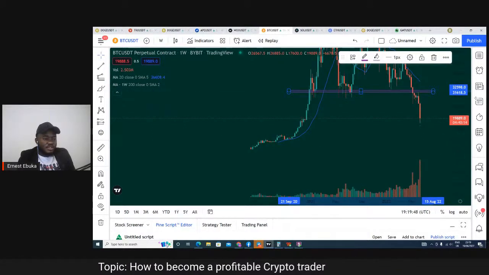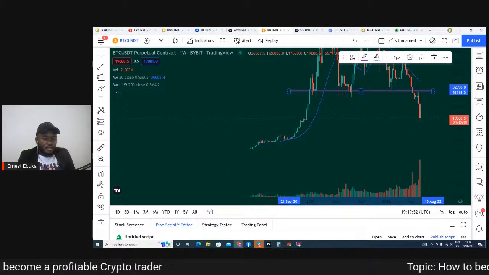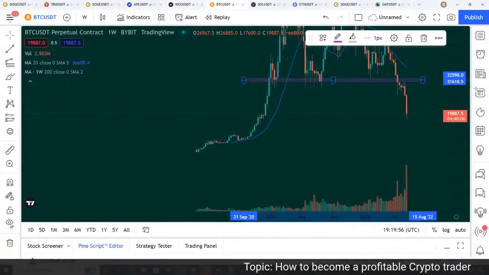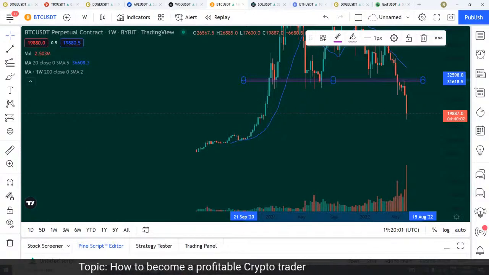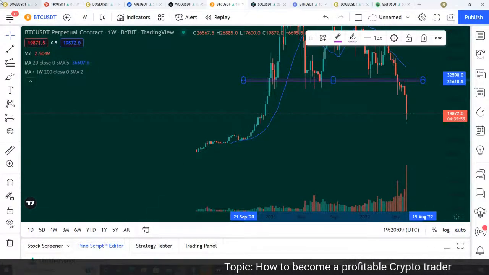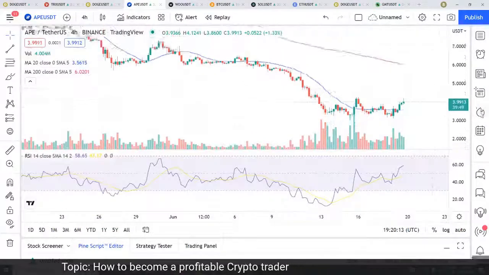A support level is a price level where a coin has bounced two or three times. Okay, and let me also find another coin here. And let's see.